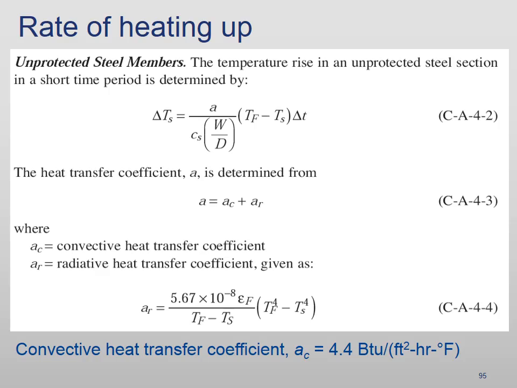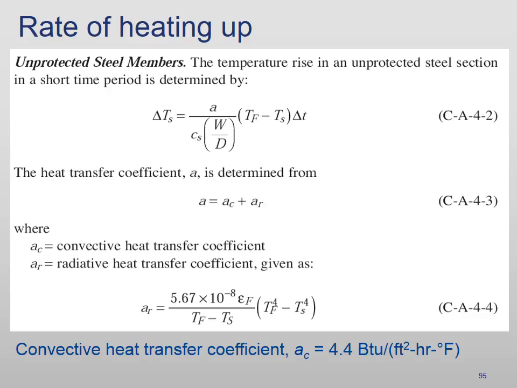I have put on this slide an excerpt from AISC 360 from the commentary to Appendix 4, which gives the classic heating up equation. And this equation, you've got your delta TS here on the left hand side, and it tells you how quickly your section is going to heat up.